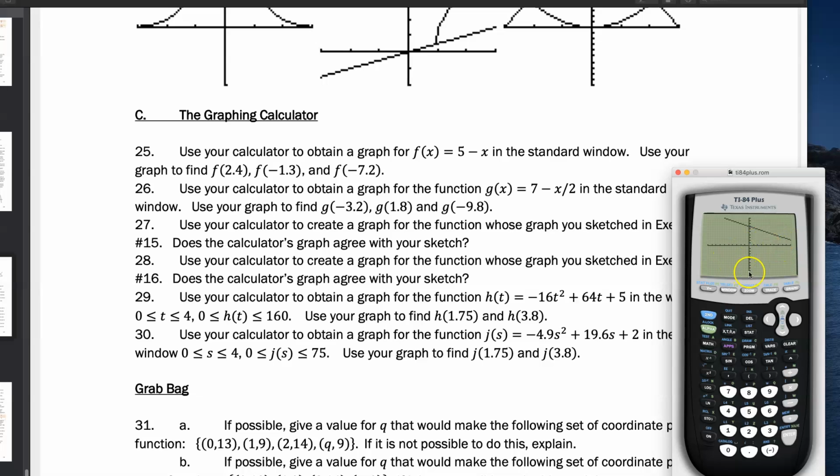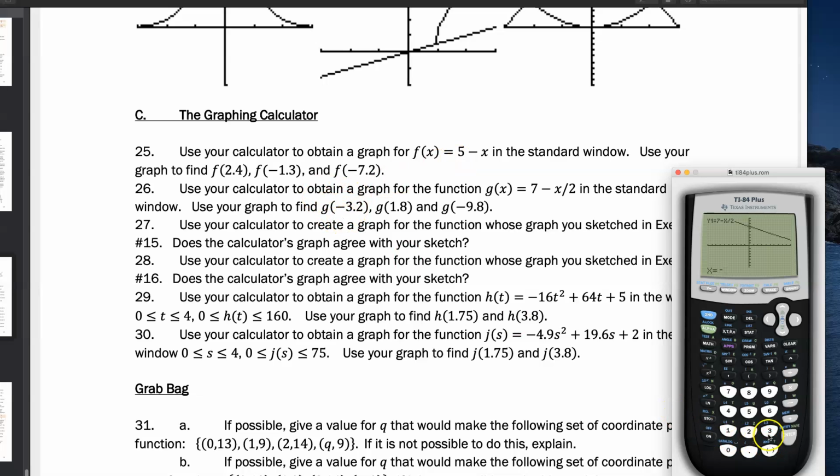So at negative 3.2, one thing we could do is use the trace function. If you use trace, it should pop up on the curve that you have plotted. Here's your y1, here's the equation of it. And you can now input, using the keypad, the x value, and it will spit out the y value, which we know is a stand-in for g of x.